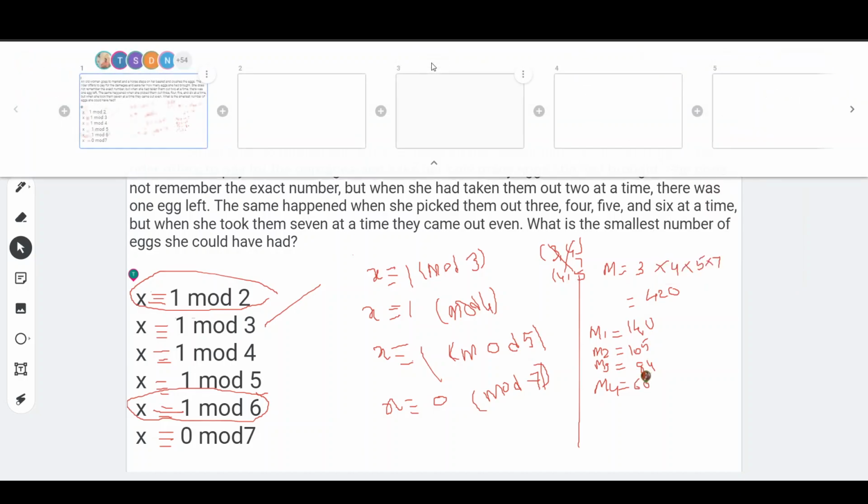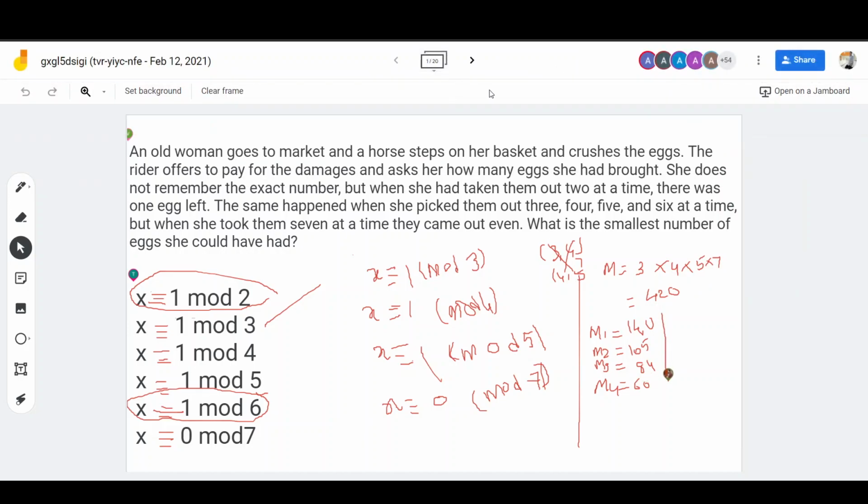So now what do we need to find next? We need to find y1, y2, y3 and y4 values. So if you find, you need to write 140 inverse mod 3. 140 means how many times?